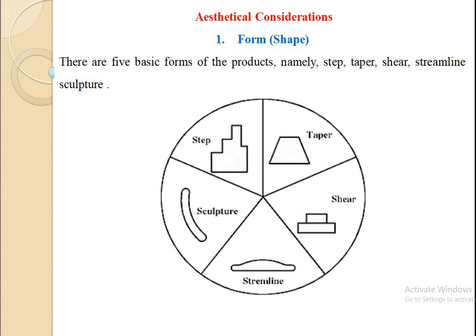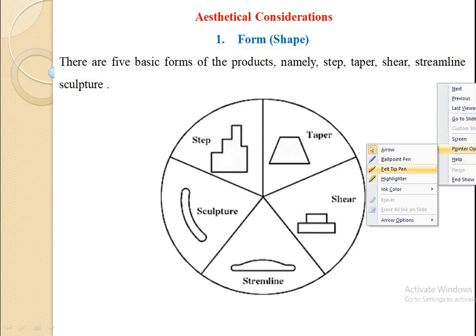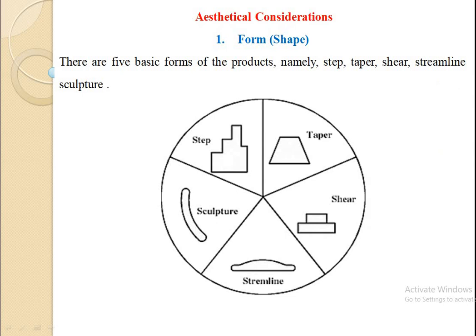If you take the example of a mobile, a wheel, a chair, a fan, a tube, or a ball pen, any example you can take, the product will fall in one of these categories. The first basic form for the product is the step form.